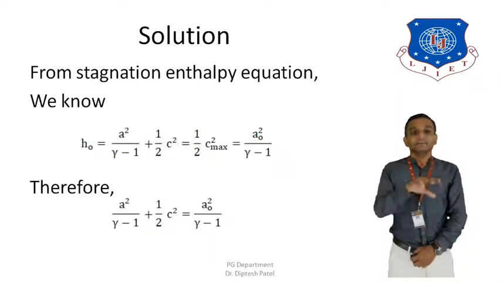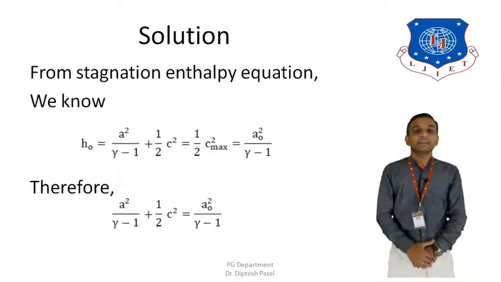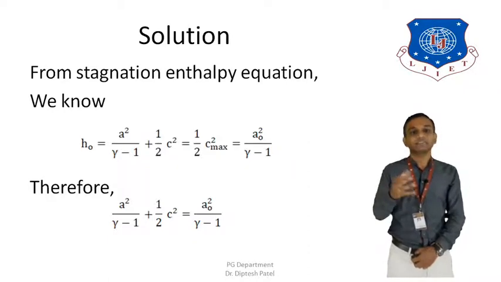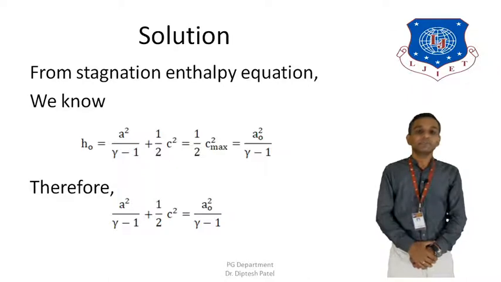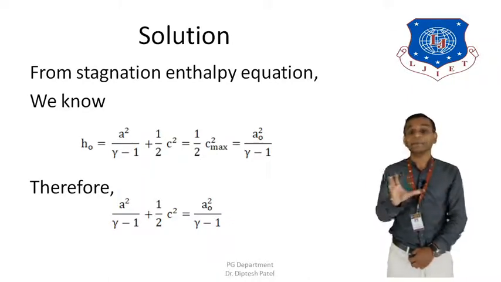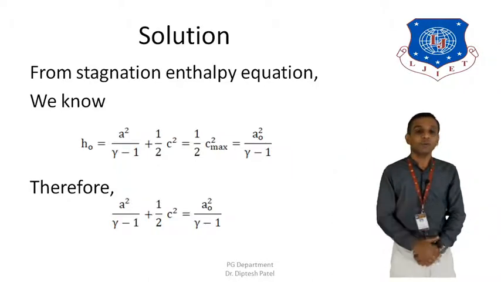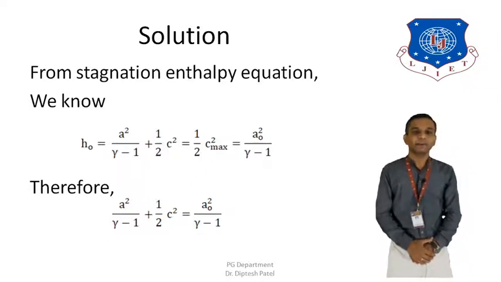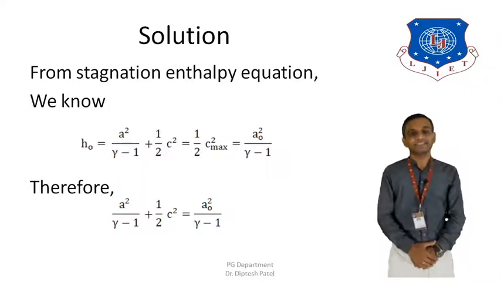Now we are going to find the different values, and for that we are going to use the stagnation enthalpy equation. The stagnation enthalpy equation says h0 is equal to a square divided by gamma minus 1 plus 1 divided by 2 C square.